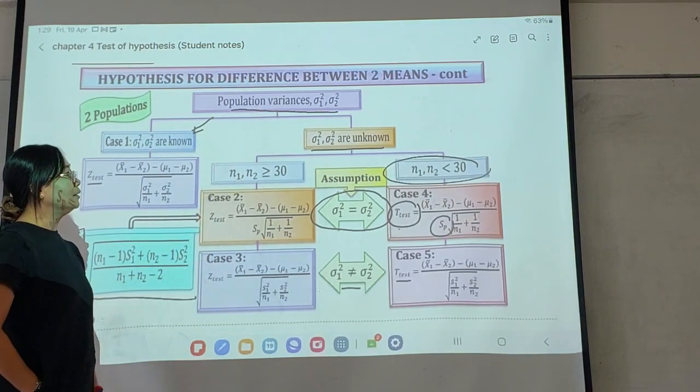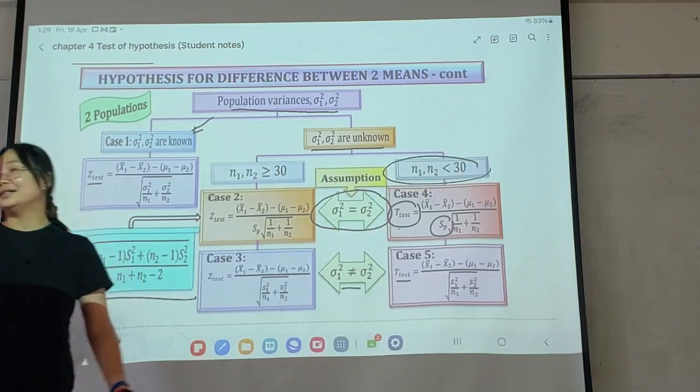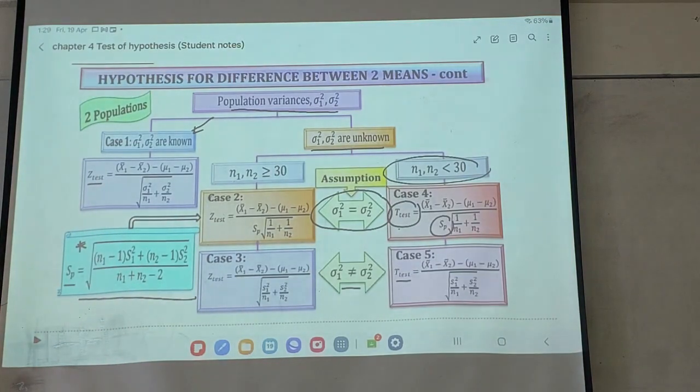Looking at the sample, is it a Z test or T test? T test. This is the formula, which includes S here. I will write down the information here.